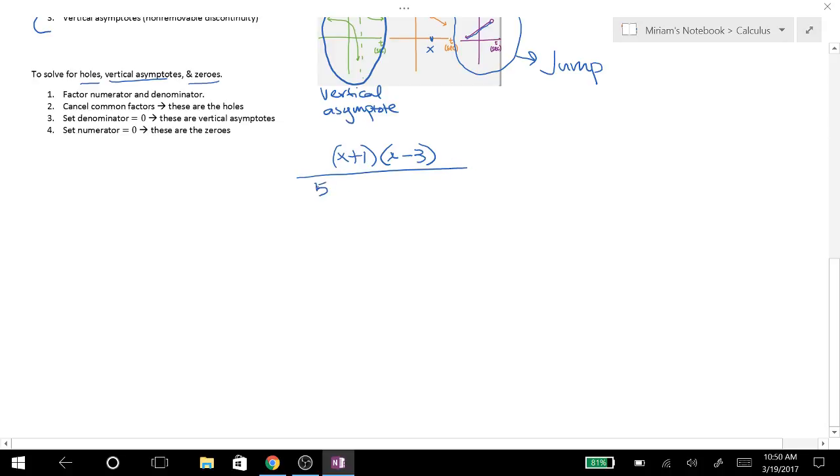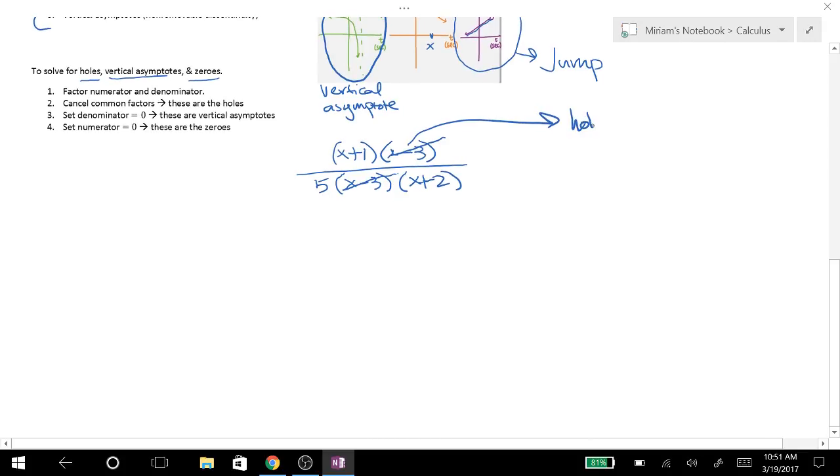Let's say it becomes 5, x minus 3, x plus 2. A quick reminder that when I see a common factor in the numerator and denominator, so if I cancel x minus 3 here, that is called a hole. So I'm going to write that down on the side, hole. x minus 3 equals 0, just like we did in the do now. So that's going to be x equals 3. This is my hole.